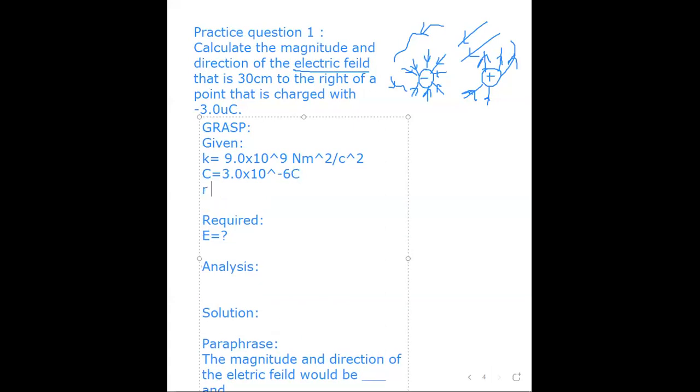Then we're given that they're separated by a distance of 30 centimeters. We always convert to standard units in physics, so that's meters: 30 divided by 100 is 0.3 meters.